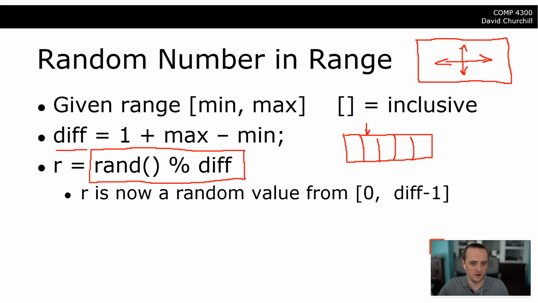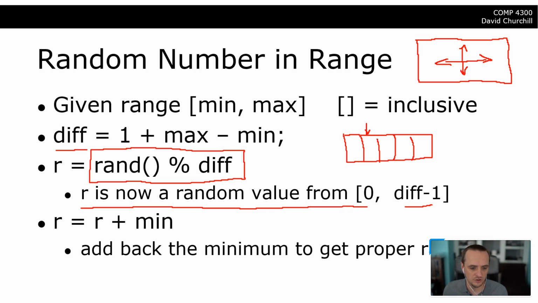So you're essentially dividing by that number and then taking the remainder. So if you want to get a random number between a minimum value and a maximum value, what you can do is take rand mod diff. And diff is an integer, which is the width of the range. So r is now a random value from 0 to diff minus 1.